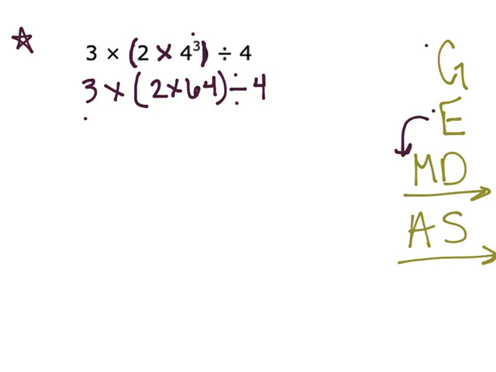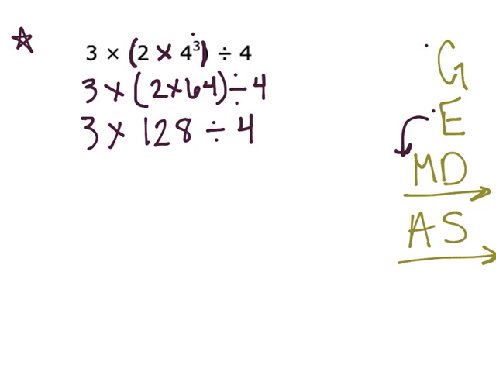Remember, you are able to use your calculator for these, because I'm really looking to see that we have the process of evaluating expressions with the order of operations. However, that's why I need to see every single step rewritten. So now we have 3 times 128. Since it's by itself, I can get rid of those parentheses, divided by 4.